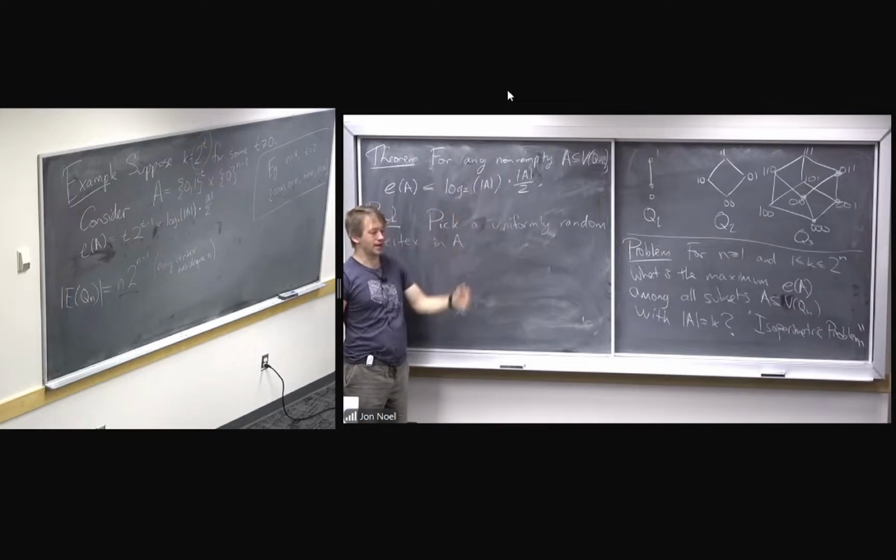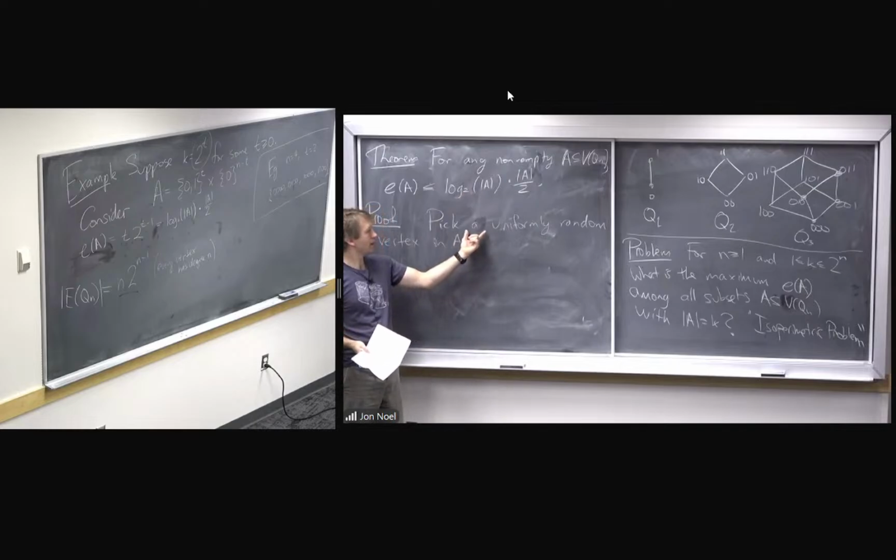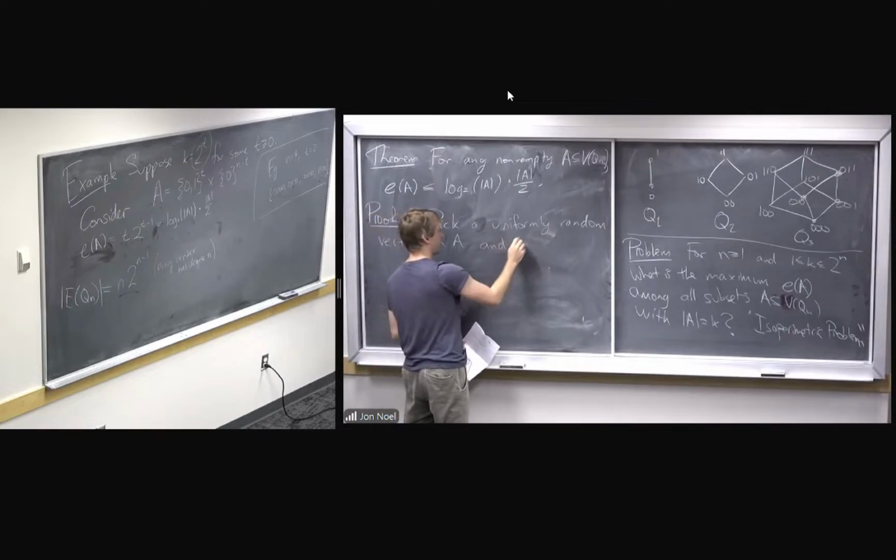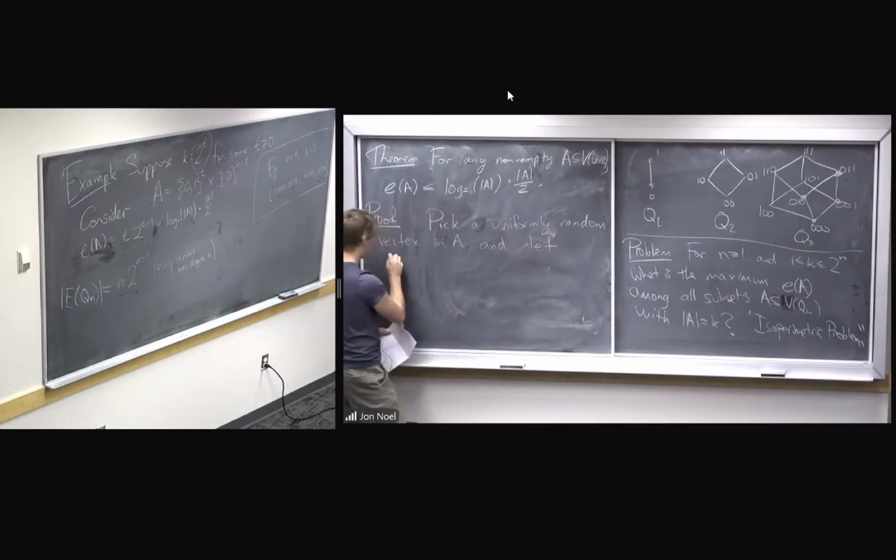If you had the empty set, you can't pick anything in it. But since it's a non-empty set, I can pick a uniformly random element of A, and let's call it X.